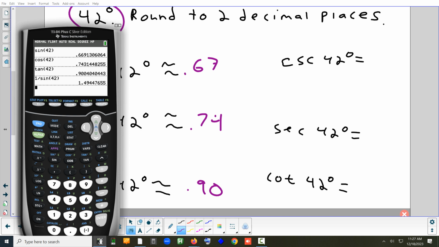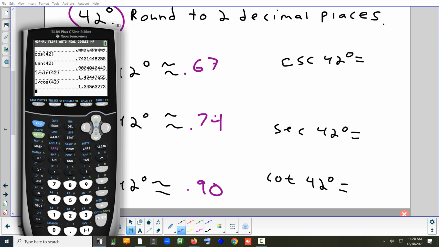How are we going to get the secant? 1 over the cosine. Yep. And how are we going to get the cotangent? 1 over the tangent.